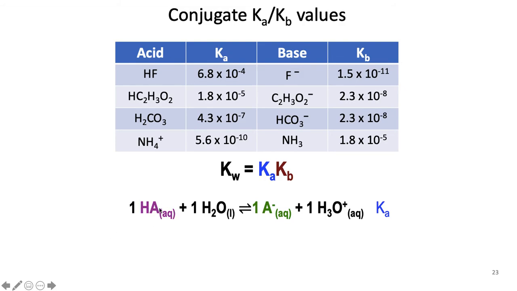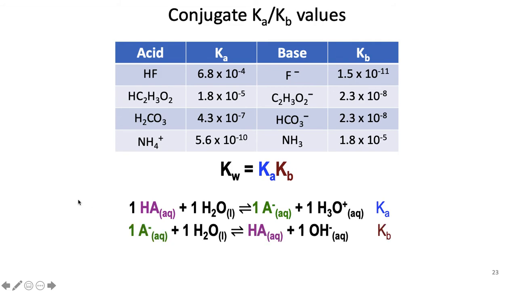If I have an acid and I add it in water, I get my conjugate base and H3O plus, and I have a value Ka related to this equation. Now I could say the same thing for the base. If I take the base, A minus, and put that in water, I form the conjugate acid plus OH minus, and it has a Kb value associated with it.